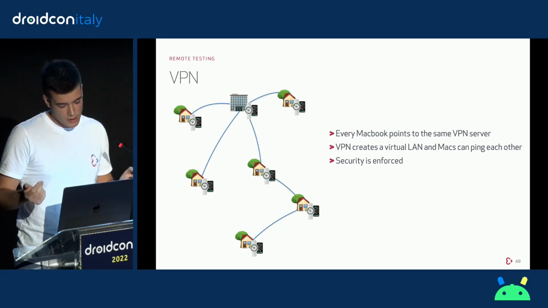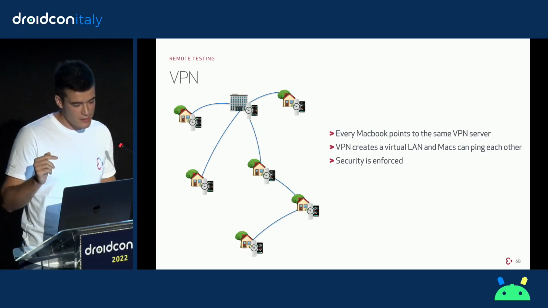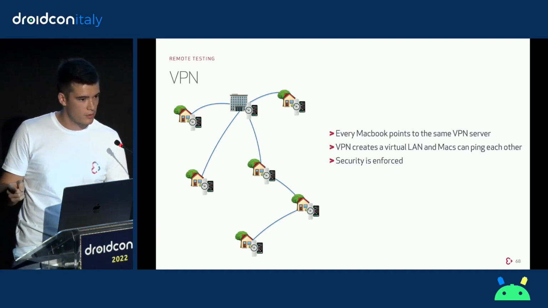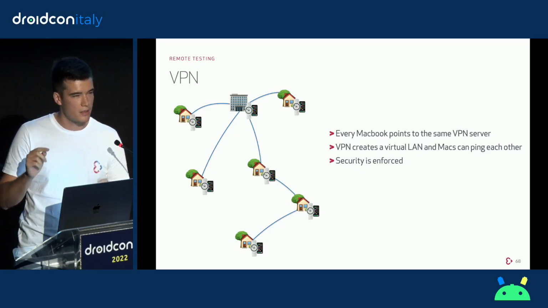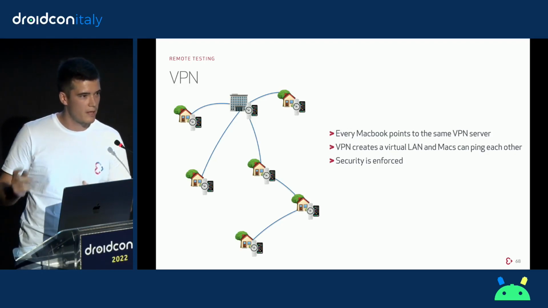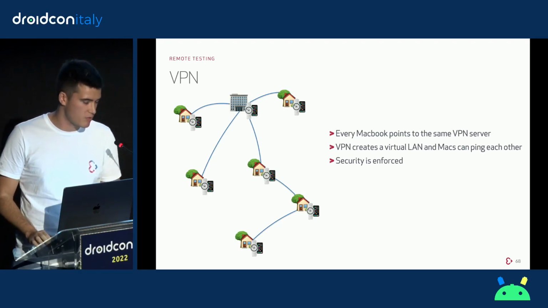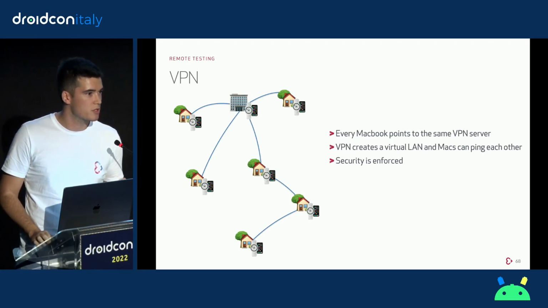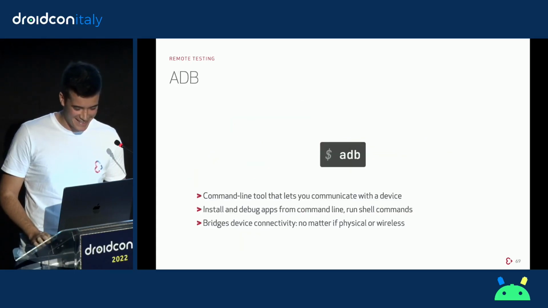And if you can install the VPN on your Android phone, then your MacBook and your phone can talk to each other. And of course, security is enforced because it's a VPN, so security engineers are okay with that.